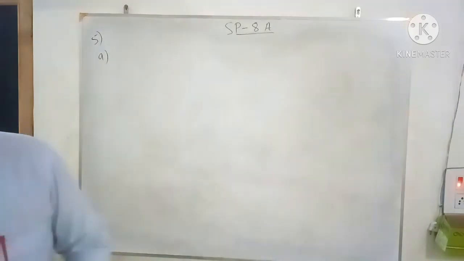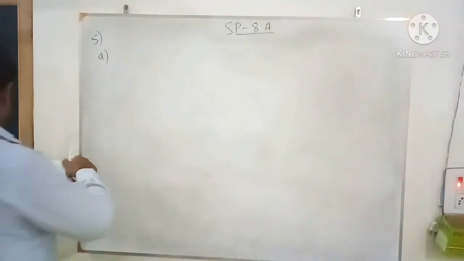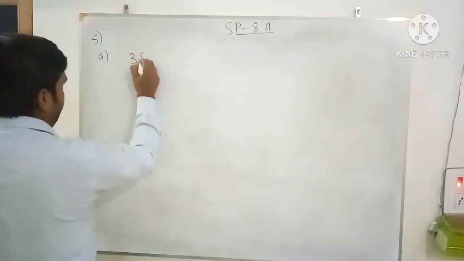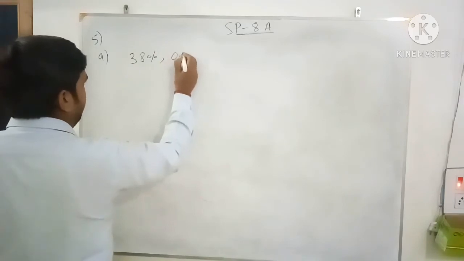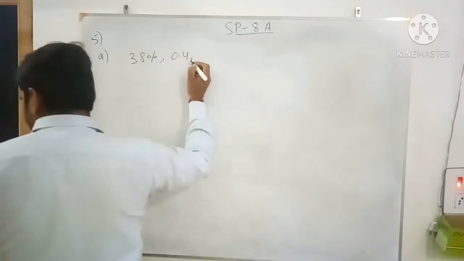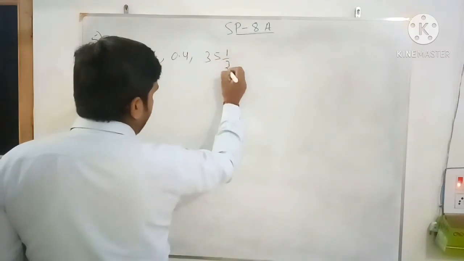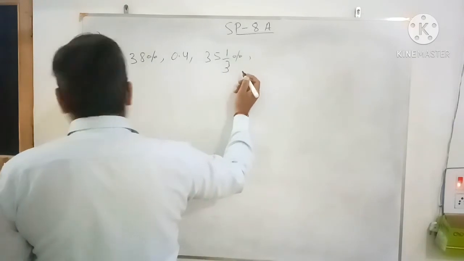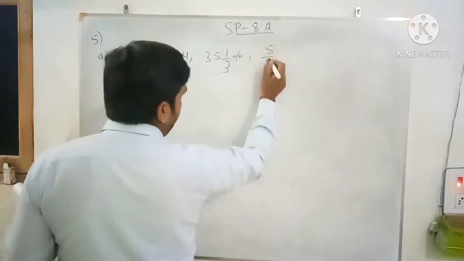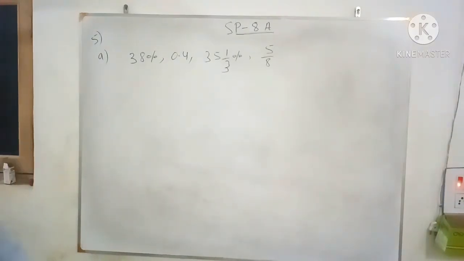We have to arrange in the ascending order, and the numbers are 38%, 0.4, 35.3%, and 5/8. So it is better to convert all the values into percentage only.